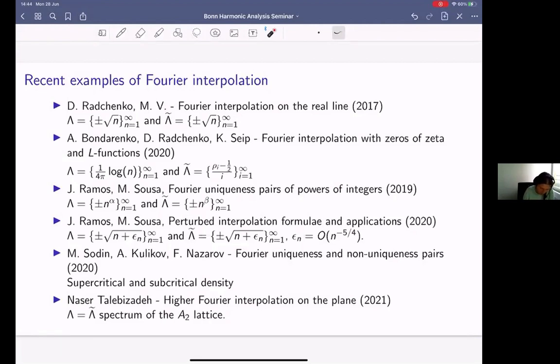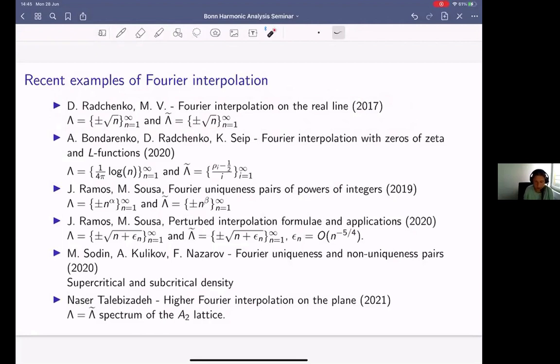And so both these constructions, the one which I will speak more about today, and this beautiful paper of Bondarenko, Radchenko, and Seip, are rather algebraic constructions. They work because the sets lambda and lambda tilde have a very rigid arithmetic structure. And this structure is heavily used to obtain the Fourier interpolation formula.